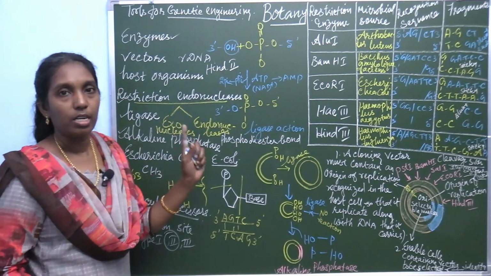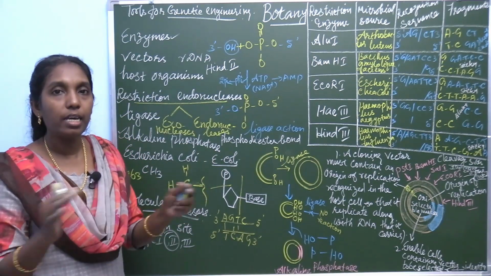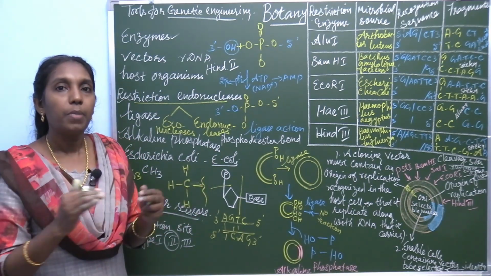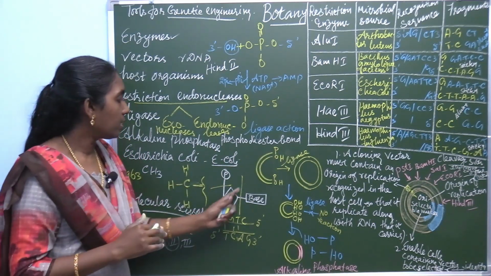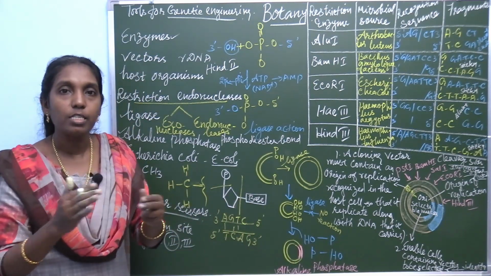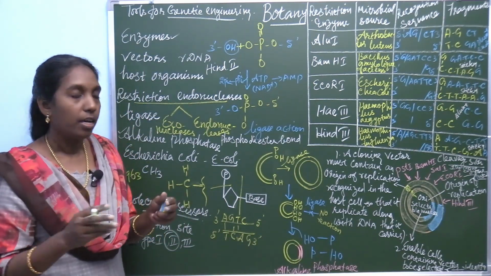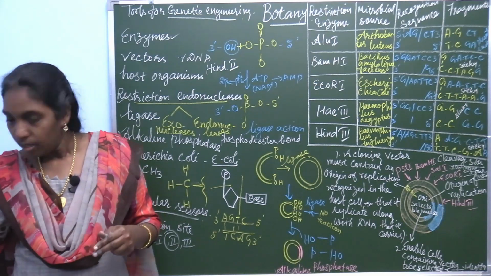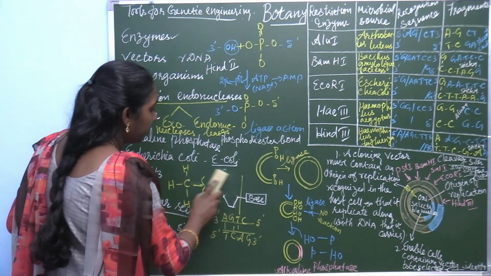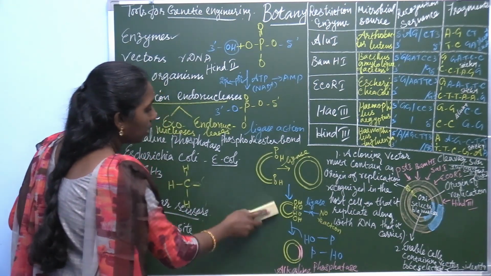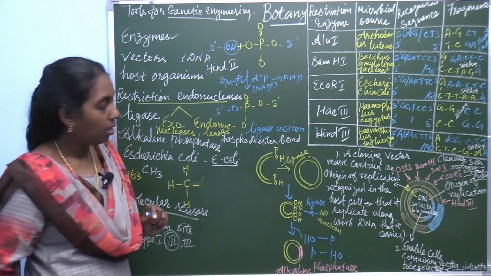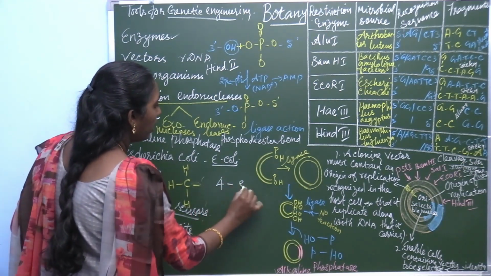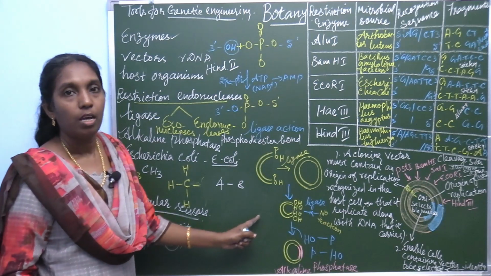This is the restriction enzyme used to cleave base pairs at specific sequences. It cuts commonly between 4 to 8 base pairs.